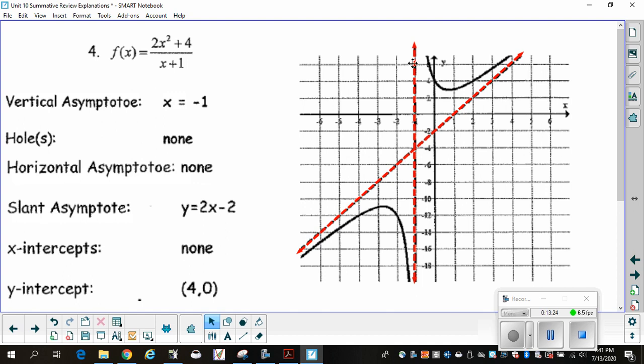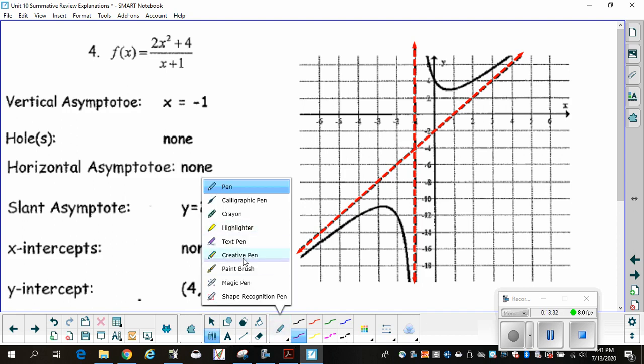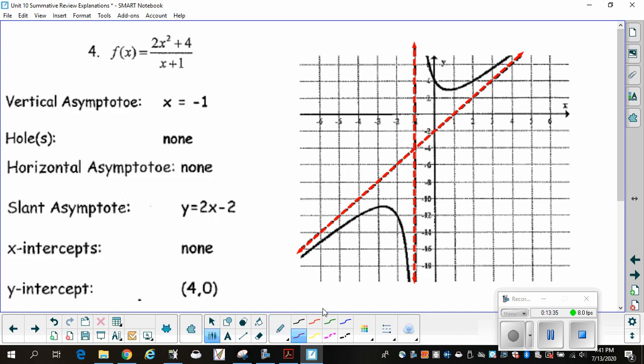Moving on to number 4. Here, we've got 2x squared plus 4 over x plus 1. Let's just be a little more creative. Now, if I'm going to factor, I'm going to do 2 over x squared plus 2.